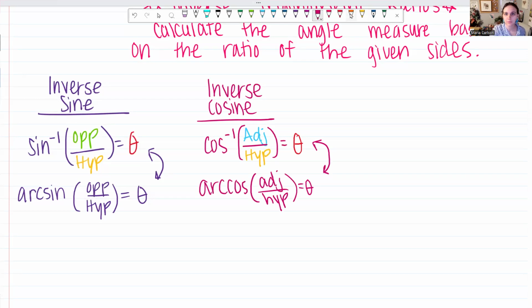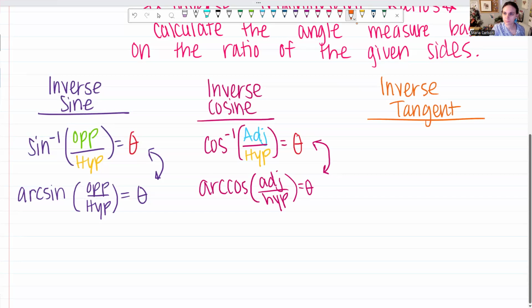And then lastly, we have the inverse tangent, or tangent to the negative first power. Again, it's the ratio of the sides that goes in the parentheses. So here, tangent to the negative first power of the opposite side over the adjacent side.